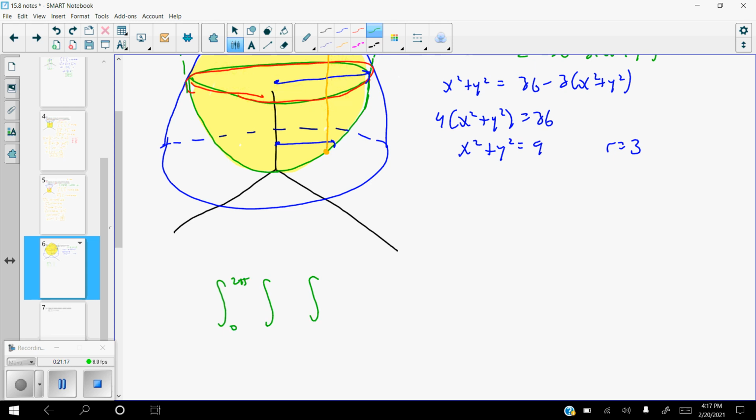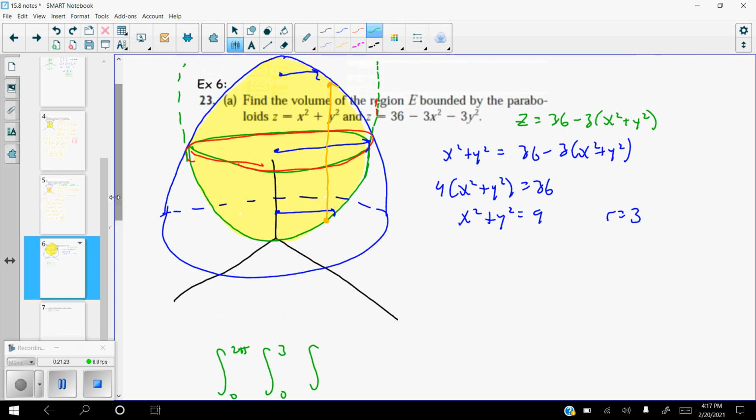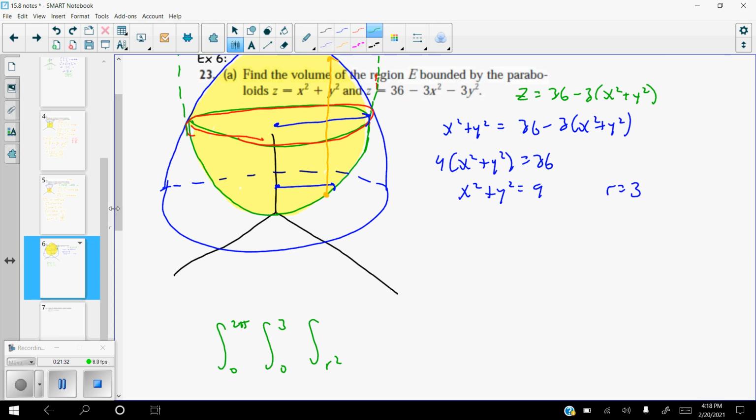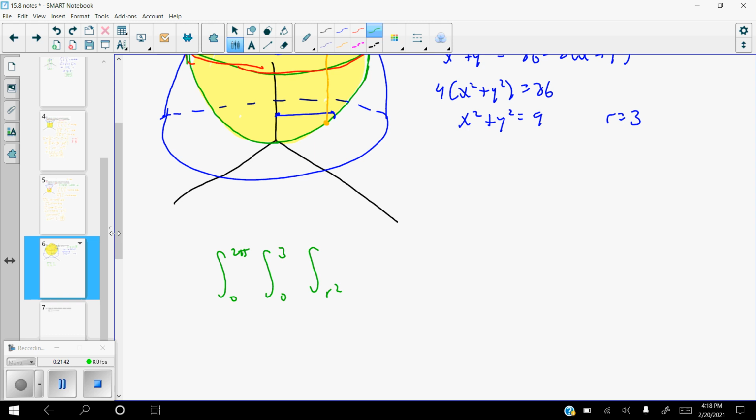We just figured out the radius is going to go from 0 to 3. The bottom paraboloid is z equals x squared plus y squared, which is the same as z equals r squared. And the top paraboloid is this one, just replacing x squared plus y squared with r squared, so it's 36 minus 3r squared.